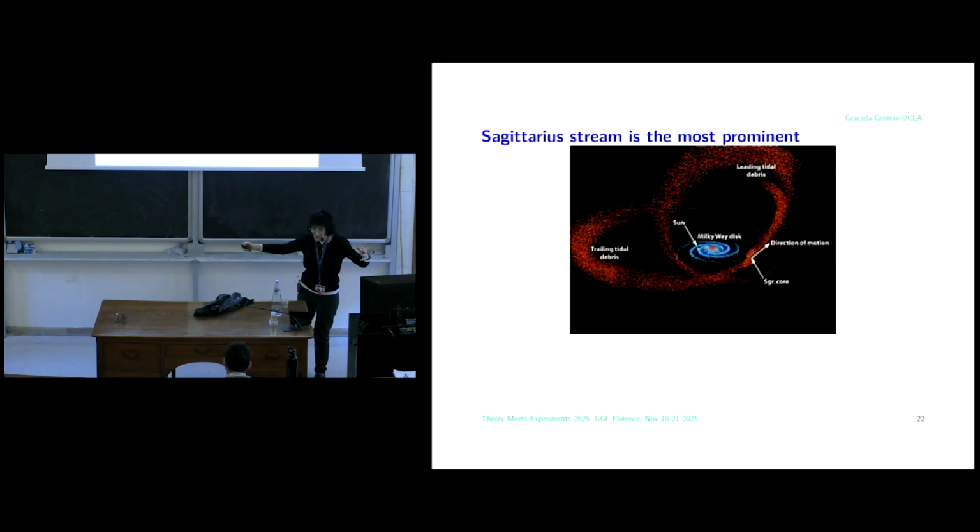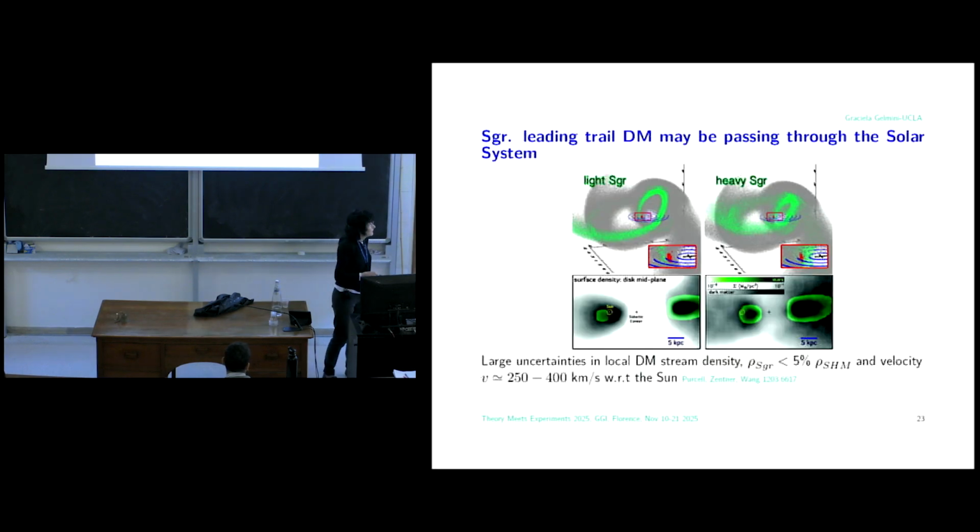So if there is a thick stream of dark matter, the dark matter from the leading trail of the Sagittarius dwarf galaxy would actually be seen as a stream in dark matter on Earth.